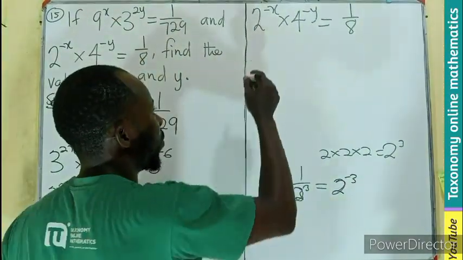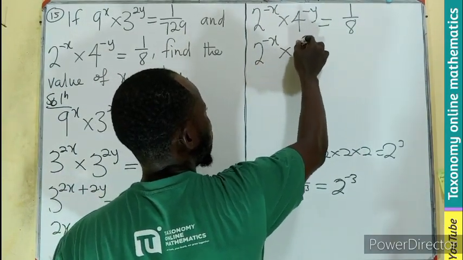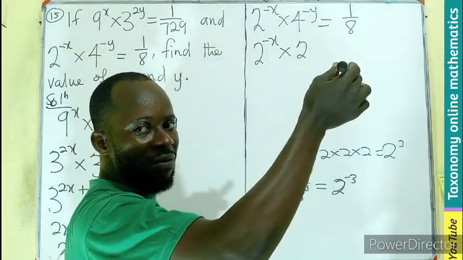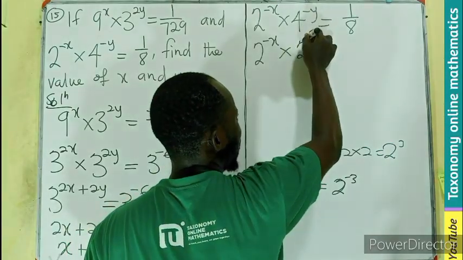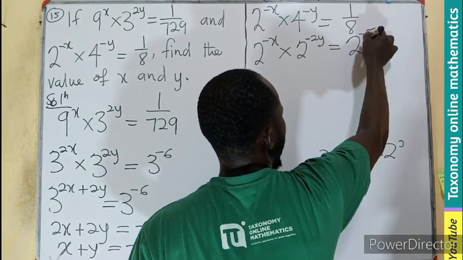So here I will have 2 exponent minus x times 2 exponent 2. 2 exponent 2 gives us 4. Then the 2 will multiply the minus y to give minus 2y, equals 2 exponent minus 3.